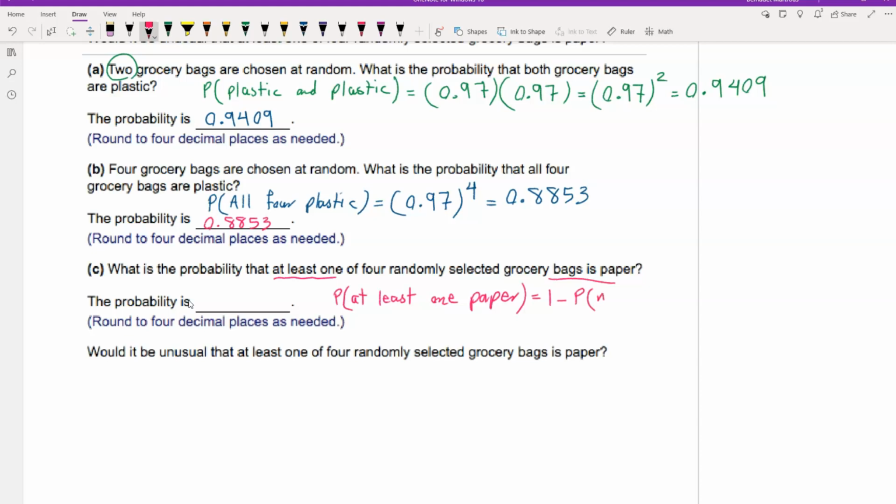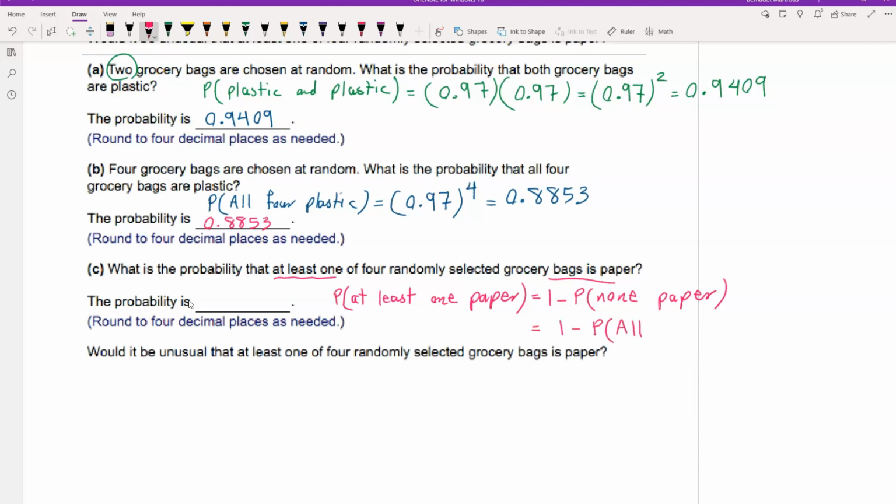I cannot have none of these paper because it says at least one should be paper. So this means I have to subtract this part, probability of non-paper, from 1. Or in other words, 1 minus probability of non-paper means all 4.